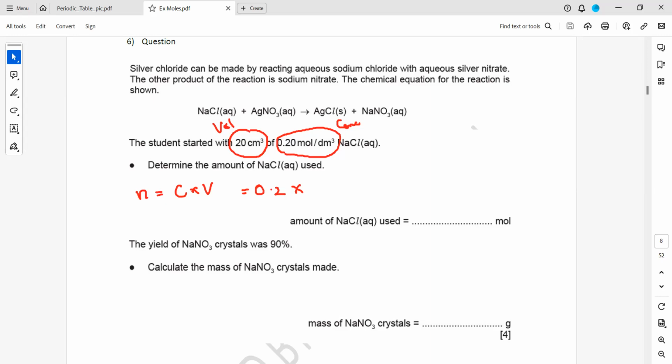Volume should always be in dm cube. Concentration is 0.2, but volume is in cm cube, so I have to substitute it in dm cube, so 0.02. To convert cm cube into dm cube, we divide by 1000.